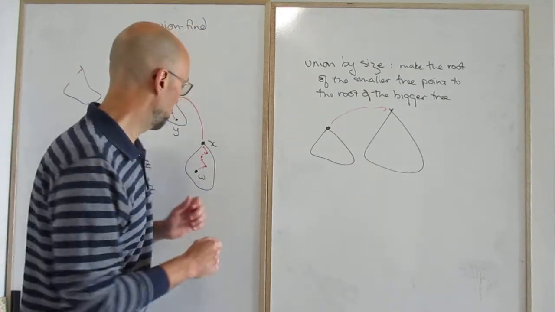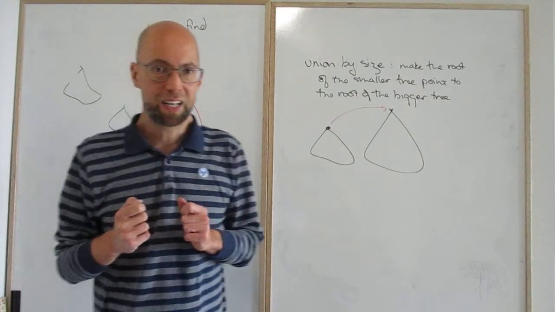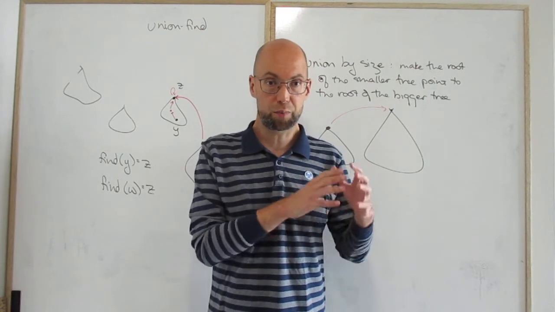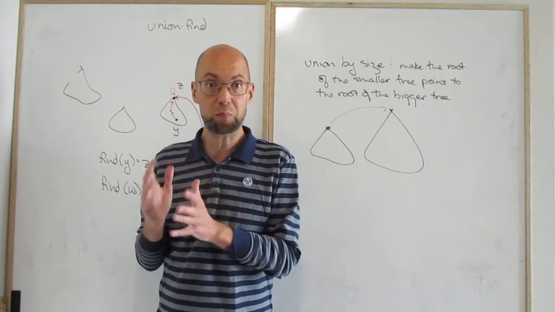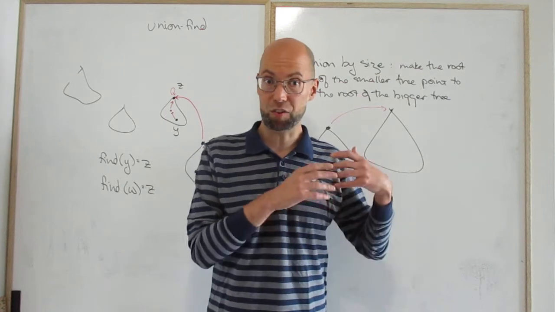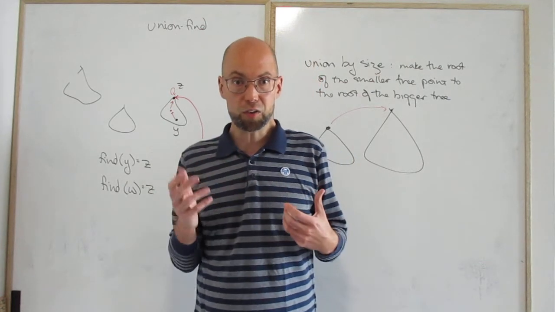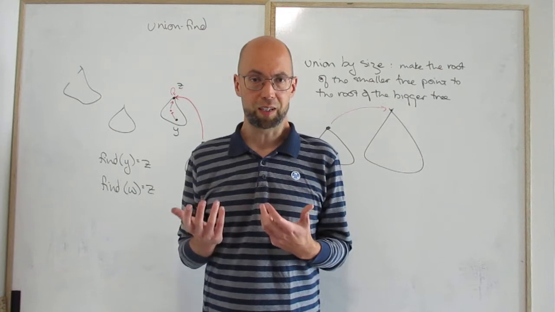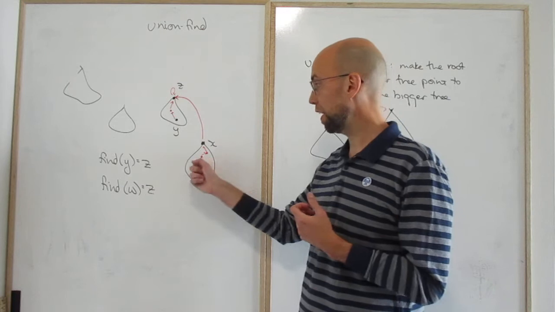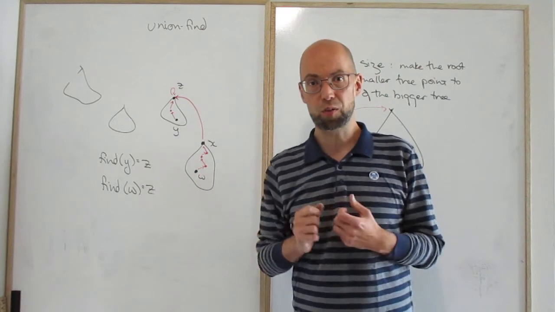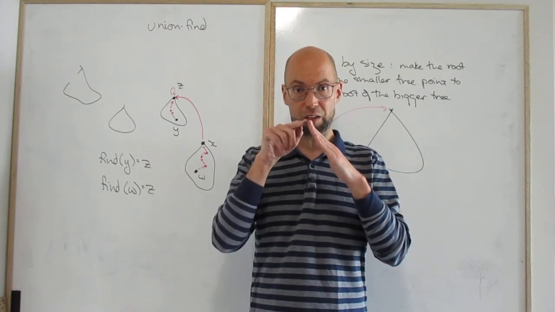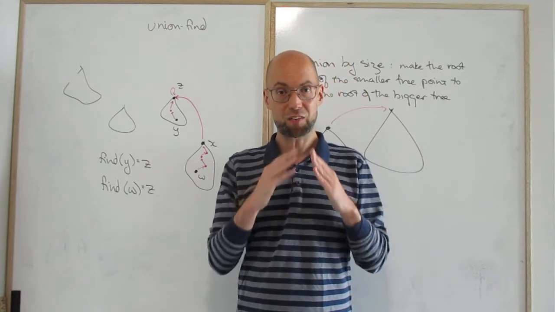Okay? So for every step I go up, it means I'm following a pointer from a tree to a tree which was at least as big. Because the tree I'm going from doesn't grow after that, the other tree is always going to be at least as big. So for every edge I cross walking up from W to its representative, the size of the subtree rooted at the vertex I'm visiting has to at least double.